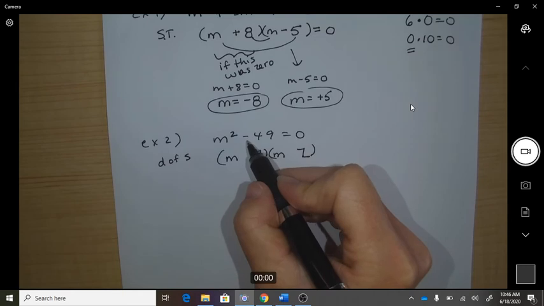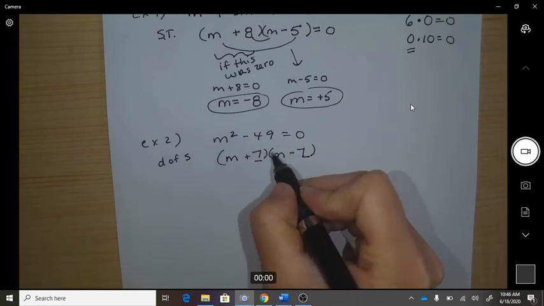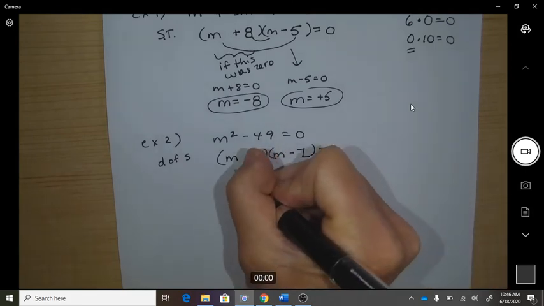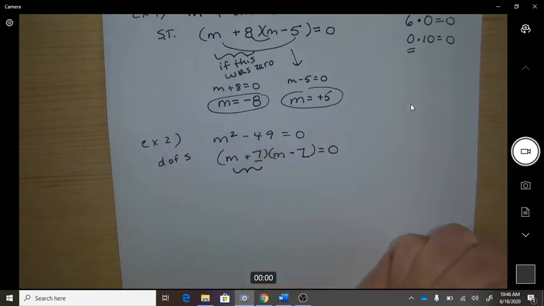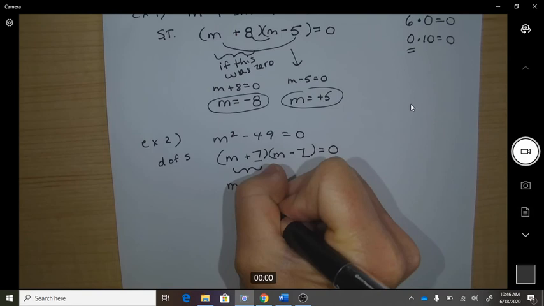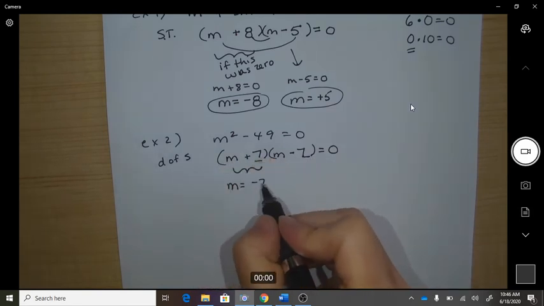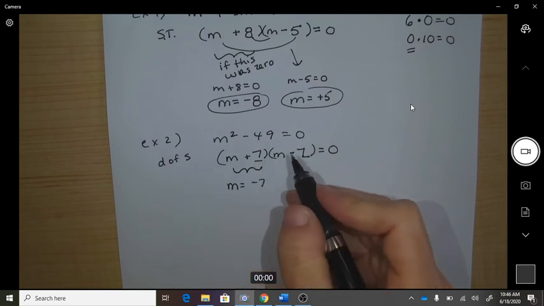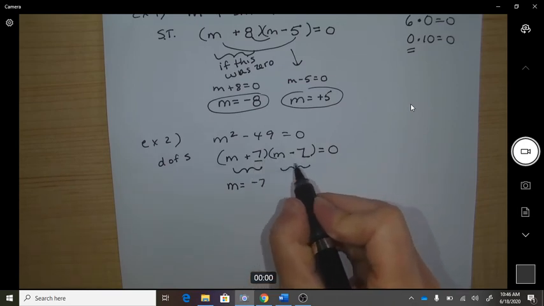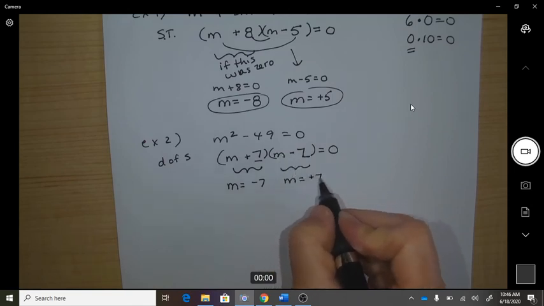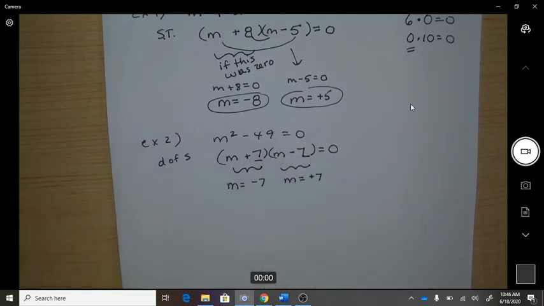One is positive, one is negative. Therefore, that's why I don't have a middle term. Equals 0. So in this bracket, if you want that bracket to be 0, m would have to be negative 7, because negative 7 plus 7. And in this bracket, if you want that to be 0, m would have to be positive 7, minus 7.